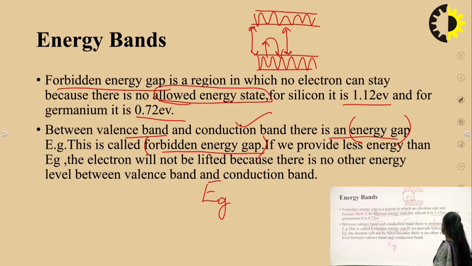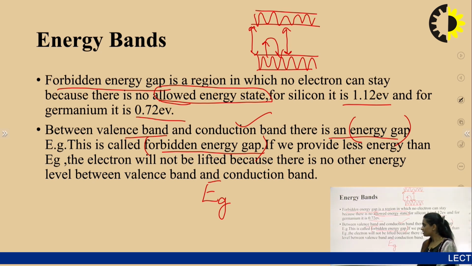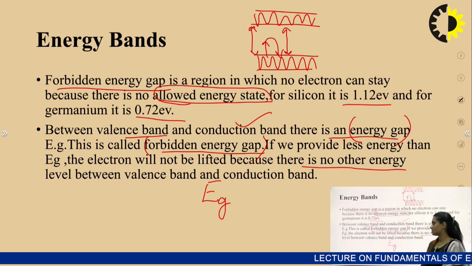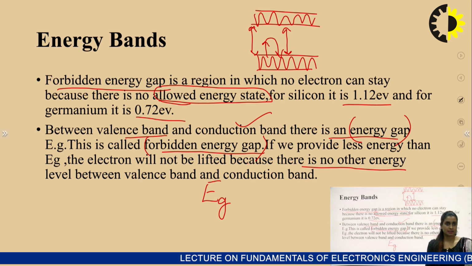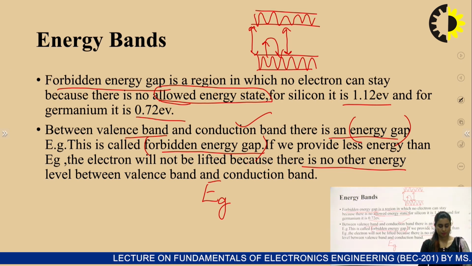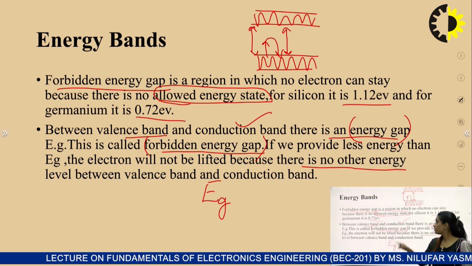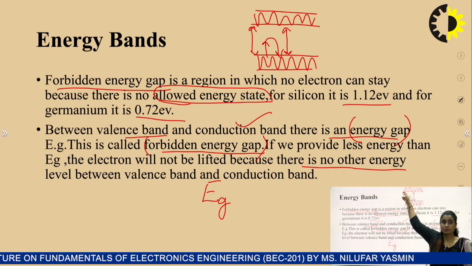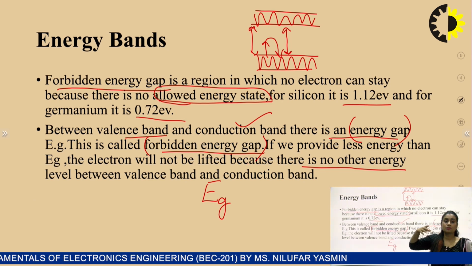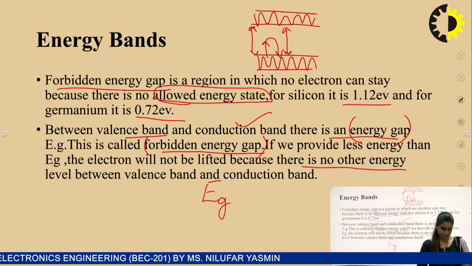If we provide less energy than Eg, the electron will not be lifted because there is no other energy level between the valence band and the conduction band. So whenever we need to excite them, we need to provide energy higher than Eg.